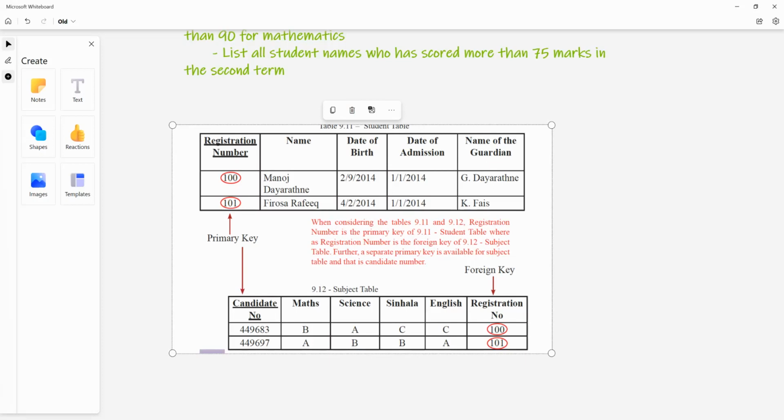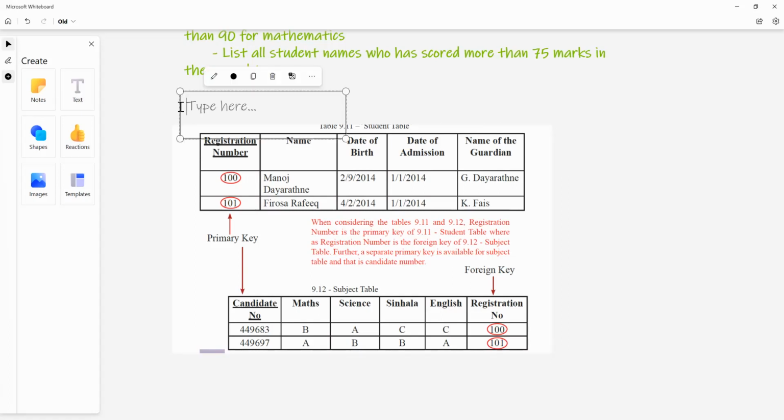In the second table, the registration number is common with the previous table, and it connects to the previous table's primary key. It is connected to the registration number in the student table, which is the primary key. So registration number in the subject table is a foreign key. Right. Now, since we know this, I want you to find the answers to my questions.